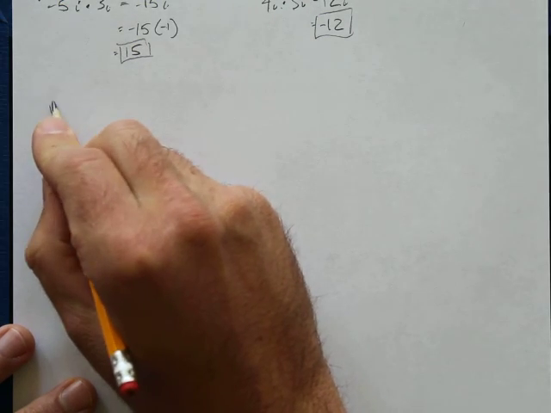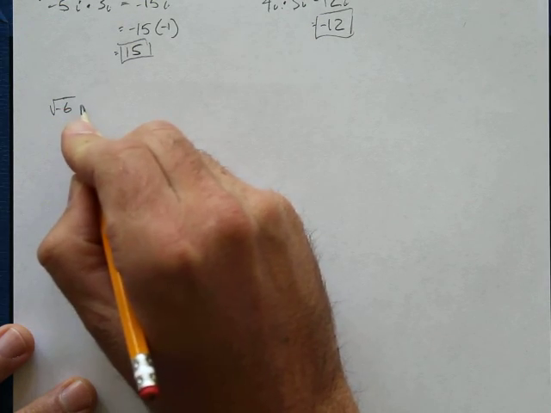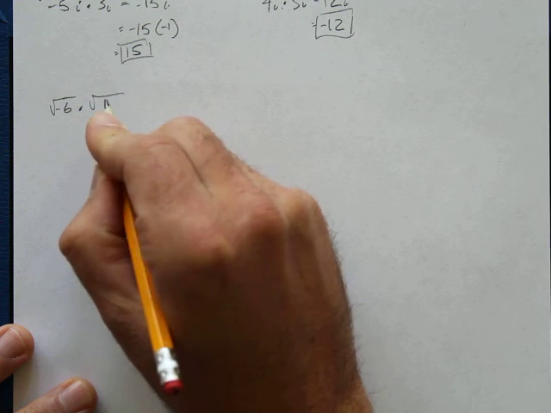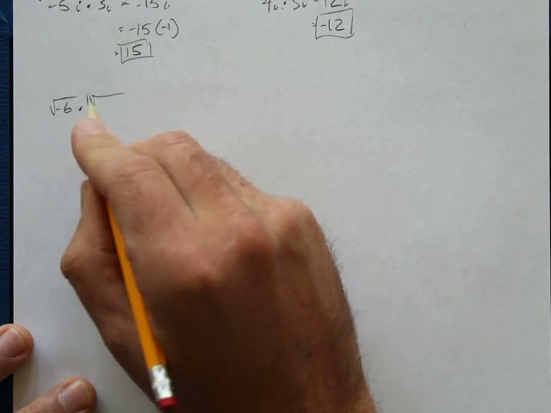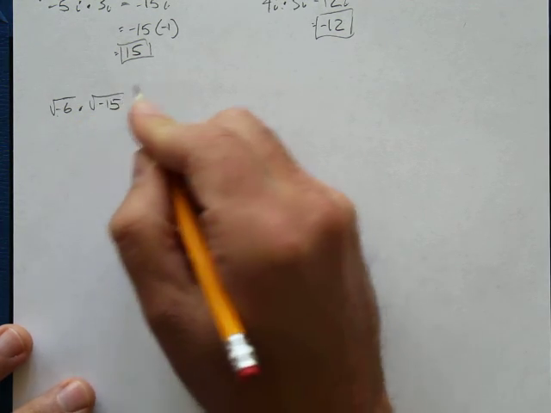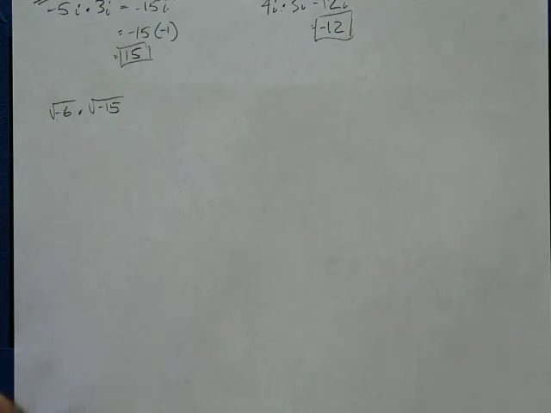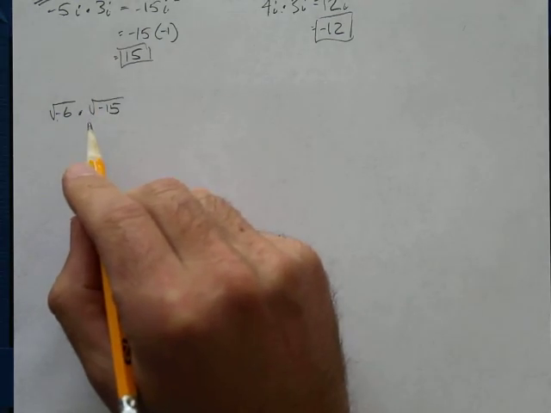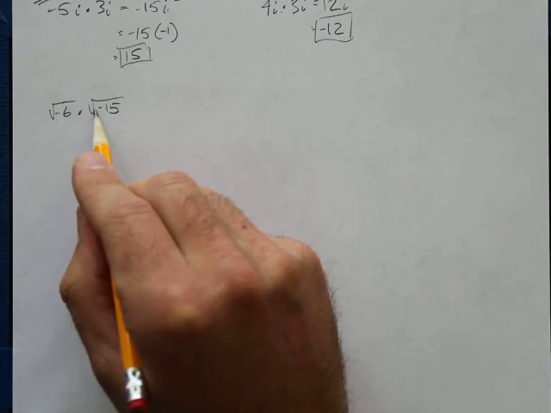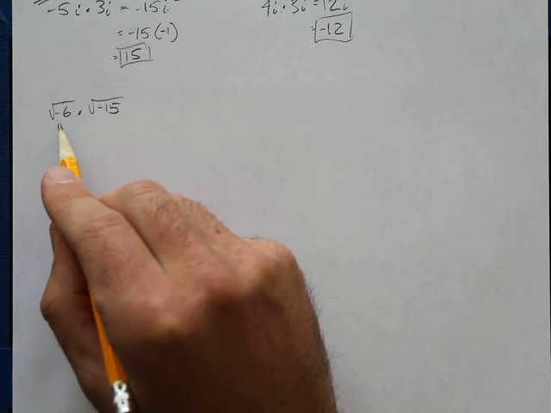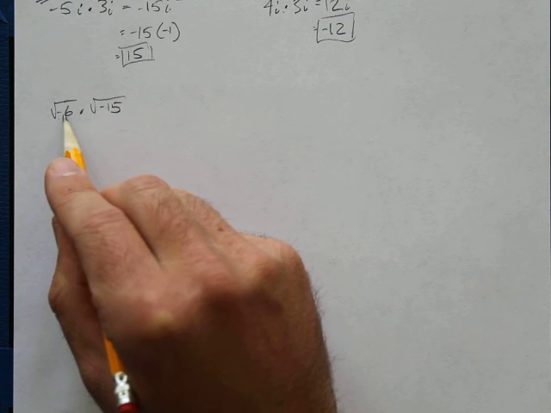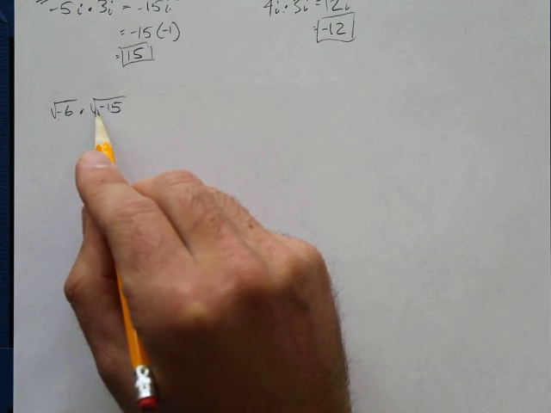Here's another example. Negative 6 times the square root of negative 6 times the square root of negative 15. So before we do these ones, let's go ahead and pull the i out. It's going to be helpful if you pull the i out instead of multiplying the negatives by one another.